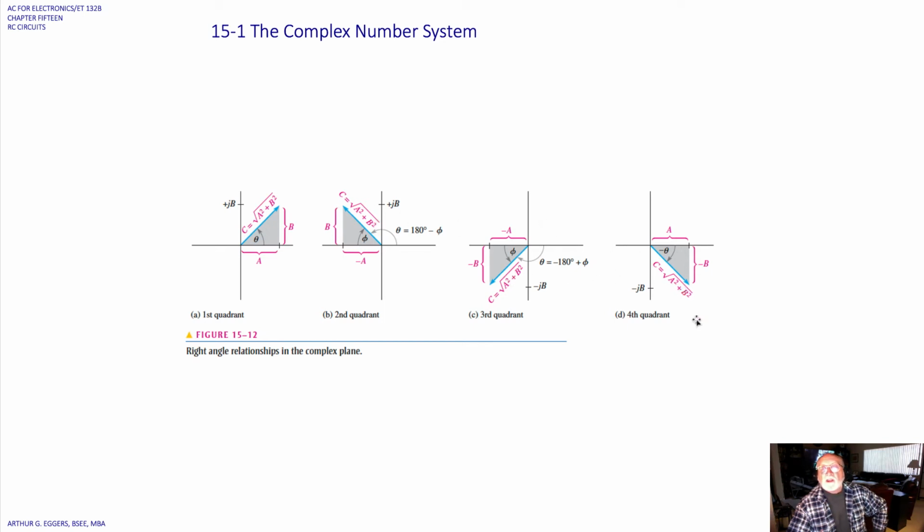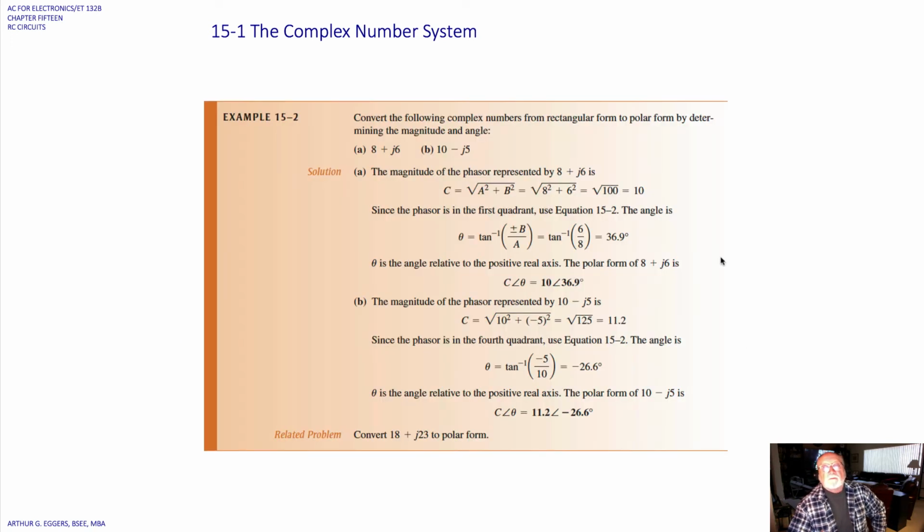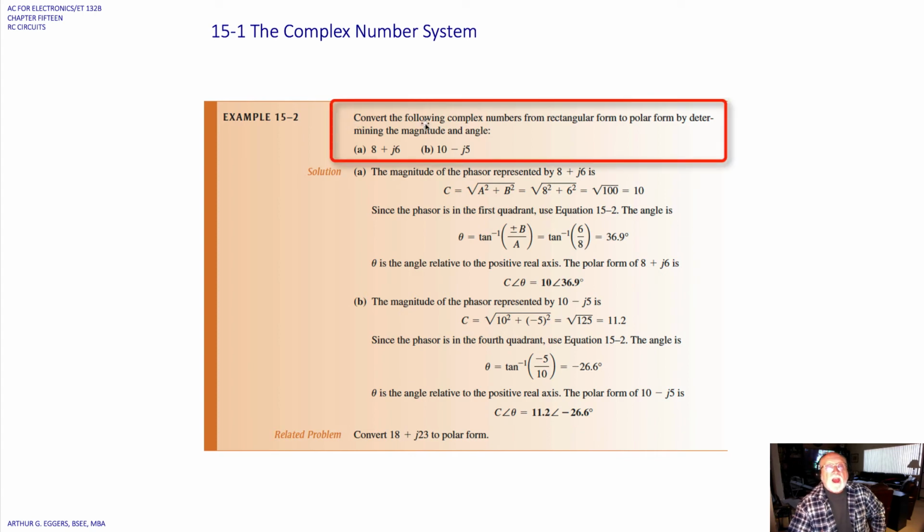Okay, so you need to get used to seeing these, and you're going to use these conversions and this representation a lot. So if we look at an example here, convert the following complex numbers from rectangular to polar by determining the magnitude and angle. We have, in rectangular, A, 8 plus j6, and B, 10 minus j5.